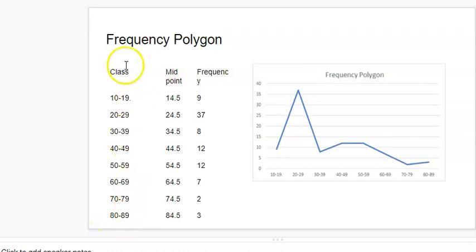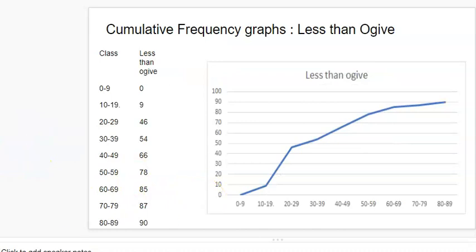That is original. And when we started here, it is starting from 0. For that, we have added one more class here. Actually, it is a dummy because it does not have any frequency. So when we add this 0, this graph will be starting from the x-axis.